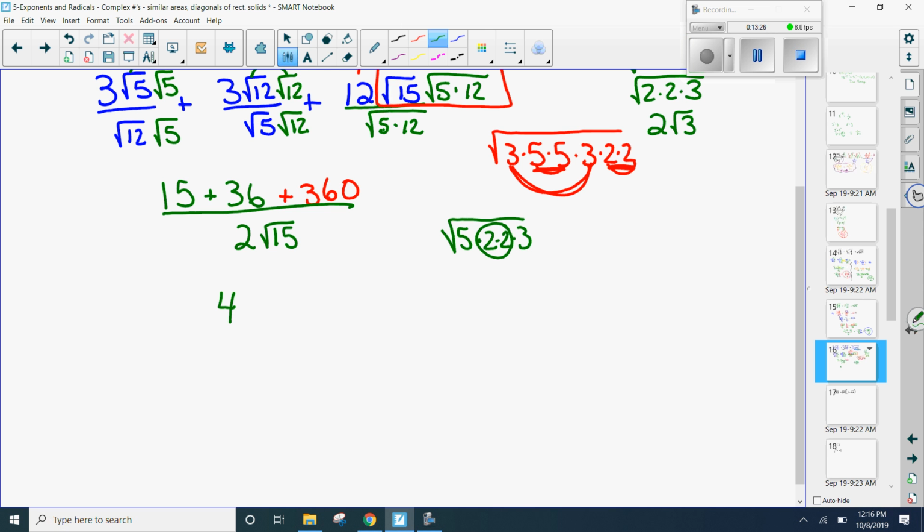That's 396 plus 15. So you get something that looks like this. Then you can take 416 and divide by 2.